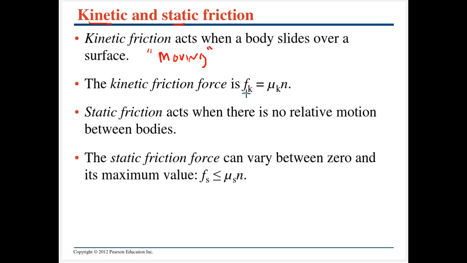Now we write the kinetic friction force, F sub k, to be equal to mu sub k multiplied by the normal force. If you consider your mass times gravity being your weight in the downwards direction, you have your normal force in the upwards direction.